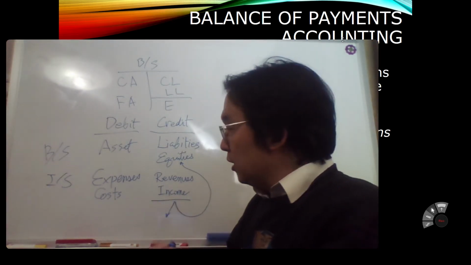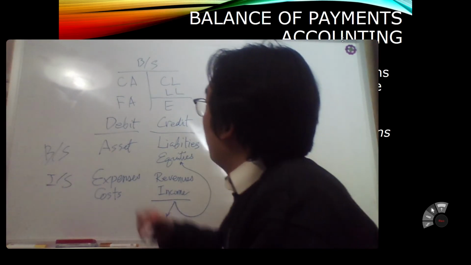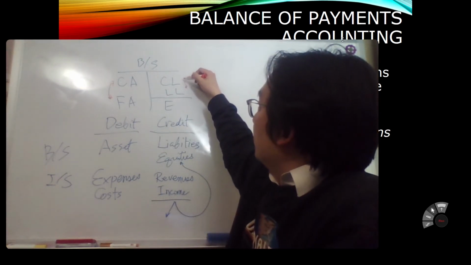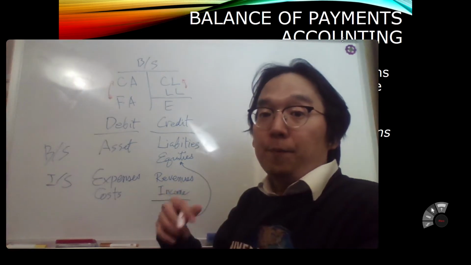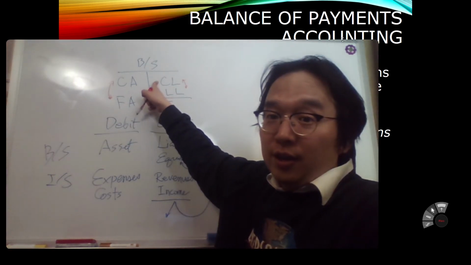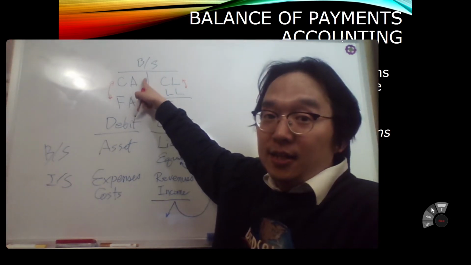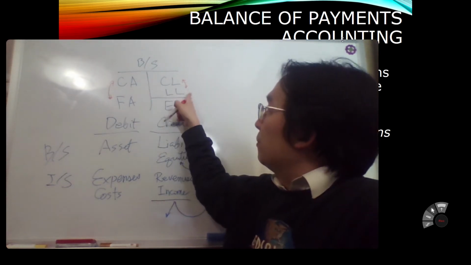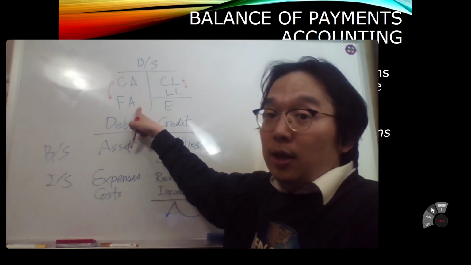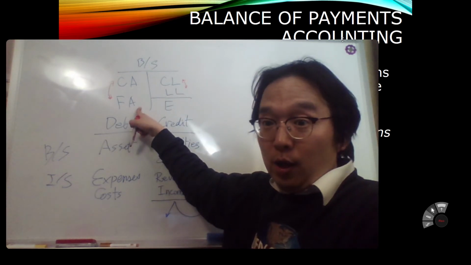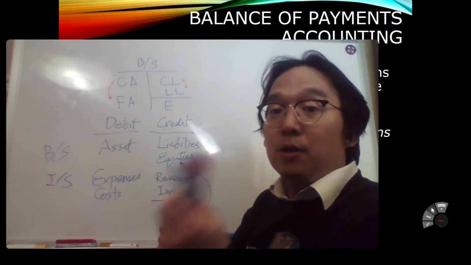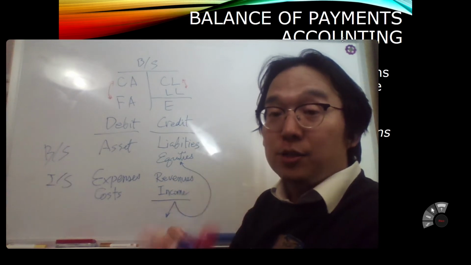The distinction between current versus fixed, and current versus long term, was something maturing within 1 year, some liquid asset, right? Whereas something maturing after 1 year, long term, and more fixed assets or intangible assets, right? That kind of thing. So a similar thing will go on in balance of payment accounting.